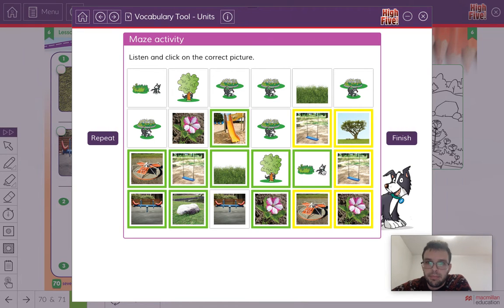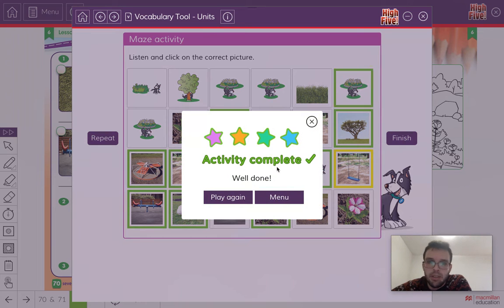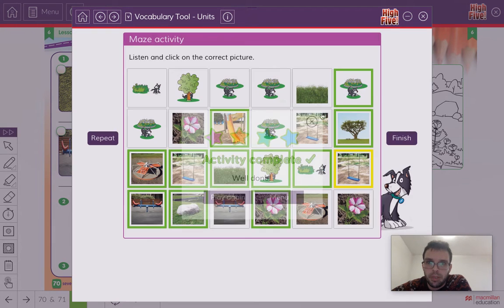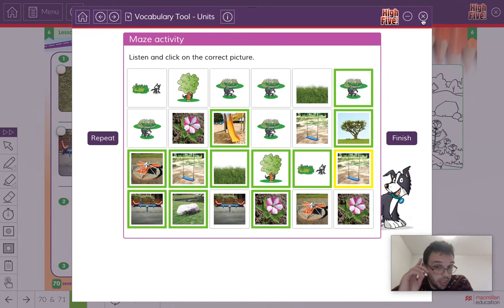We can climb a tree. Which picture is it? Very good. He's in front of the flowers. Which picture is this? Yep, this one. Very good. Very good, everybody. Well done. Now, can you remember all the words?